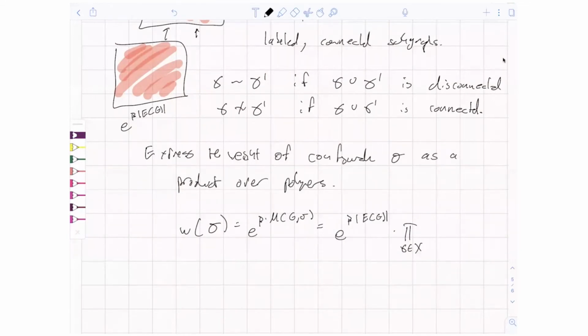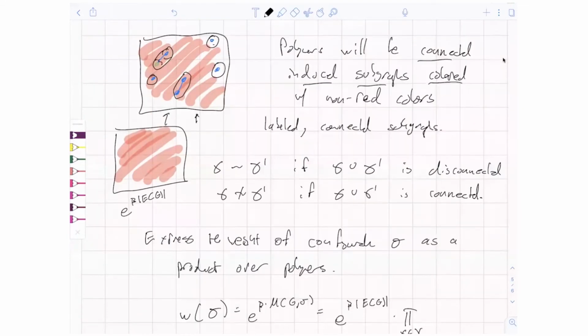Let's call our configuration X. And so what is it going to be? Notice that for any of these polymers, this blue vertex here, all of its outgoing edges are bichromatic. All of the outgoing edges have to go to red vertices. If they go to a vertex that's not red, then the polymer would have been bigger.